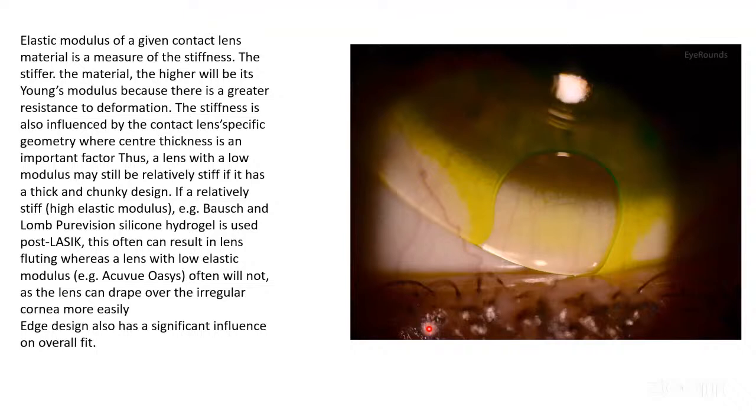The stiffer the contact lens, the higher the modulus, and therefore the greater the resistance to deformation. So in such cases, to avoid the lens fluting, as you can see in this picture, the lenses should have a low elastic modulus.